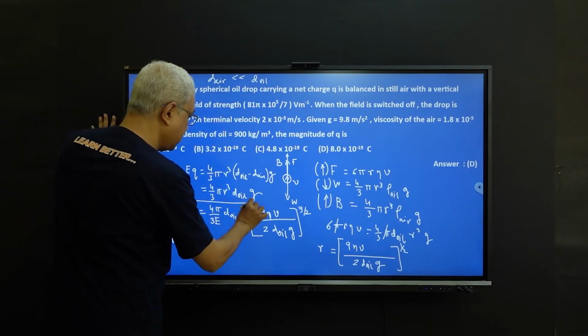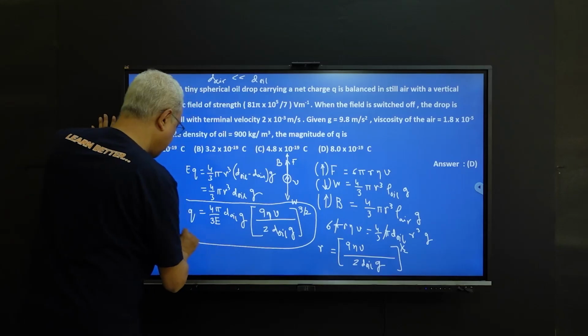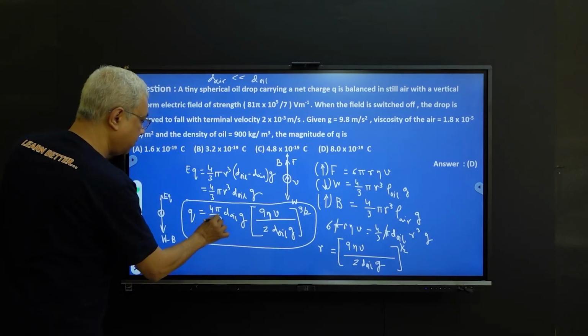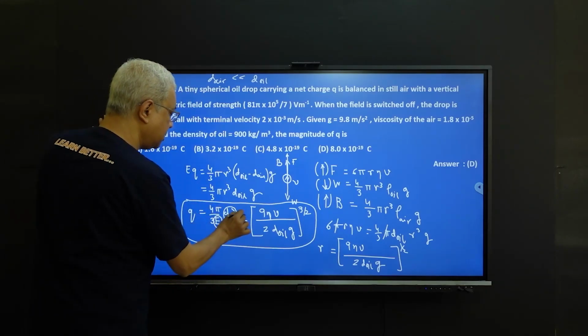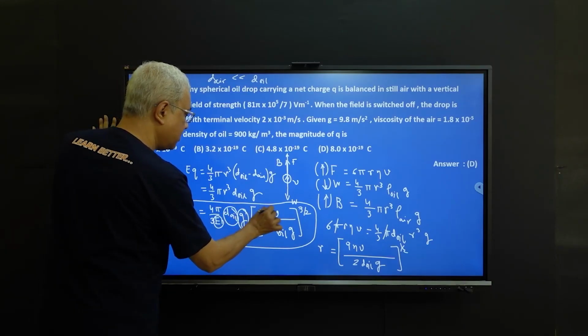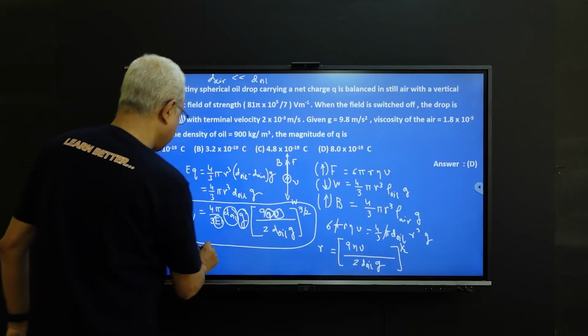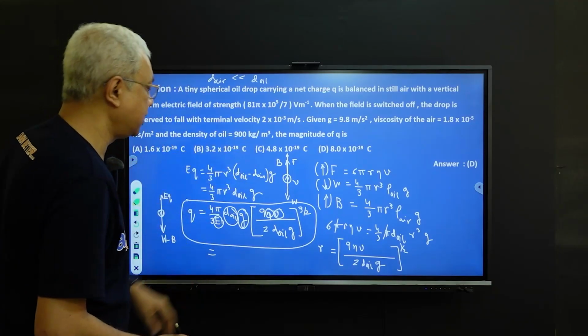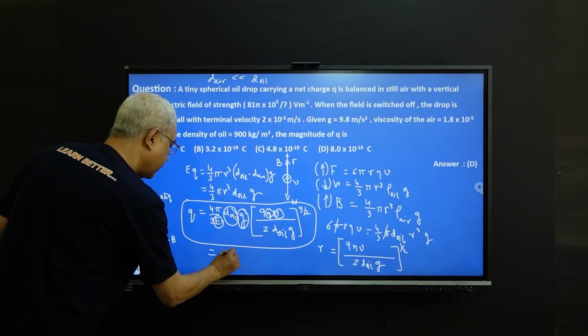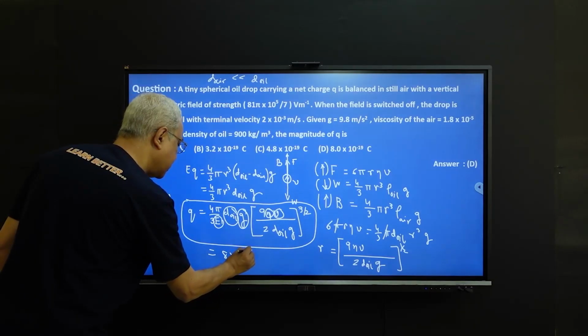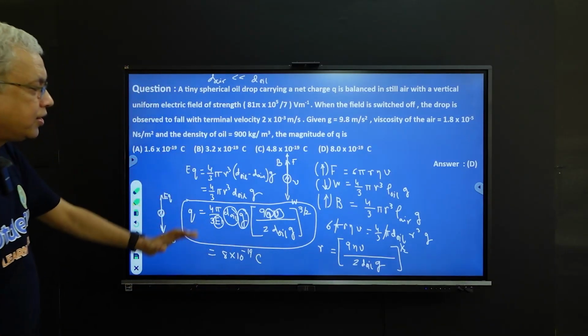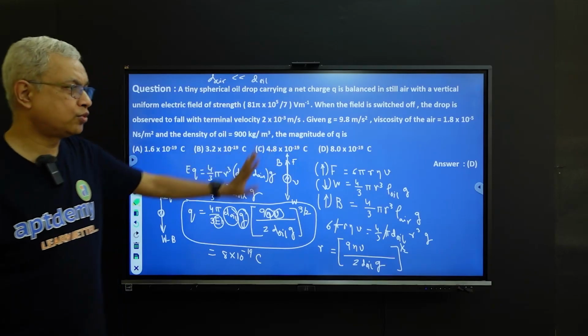From this expression, if you substitute all the values, E is given, d oil is given, G is given, eta is given, V is given, terminal velocity, then we get the value of Q as 8 into 10 to the power minus 19 coulomb. So I hope you have understood how to solve this problem.